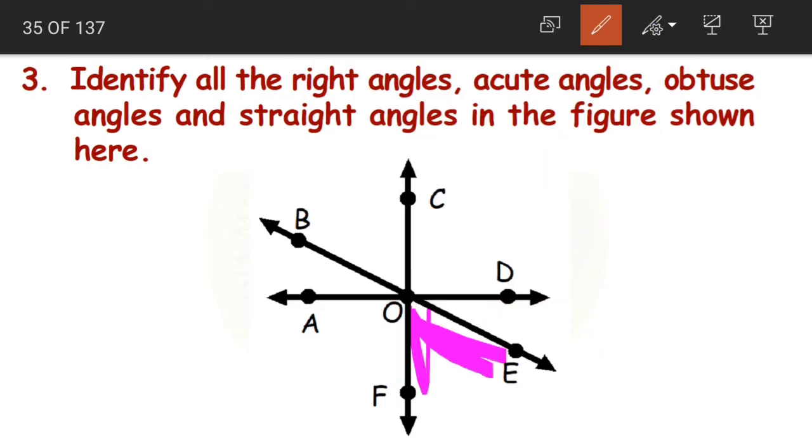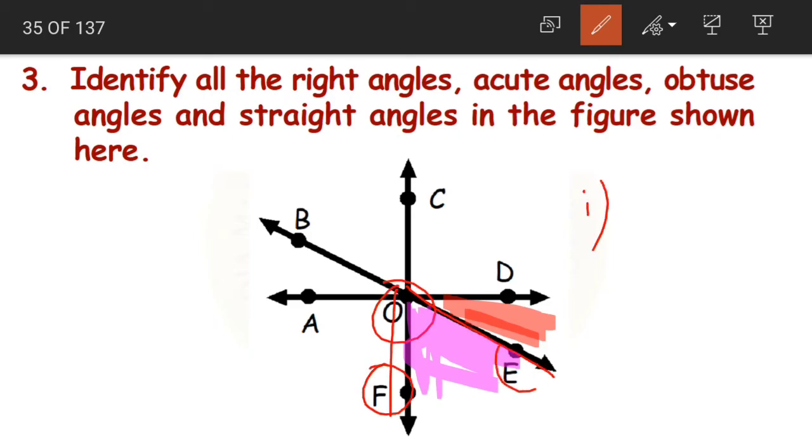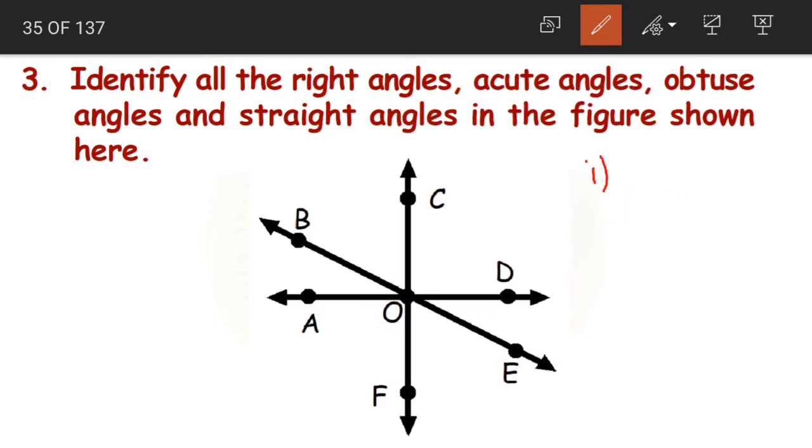See, this would be angle 1, and then this would be angle 2. So let us write the names of the first one would be angle FOE, and the second one, this one, angle EOD.